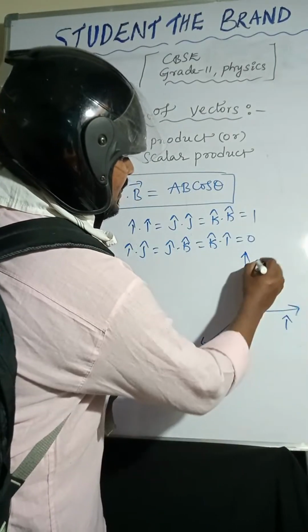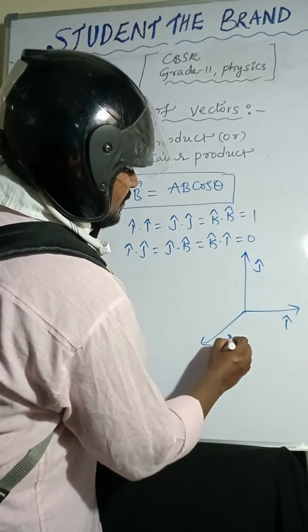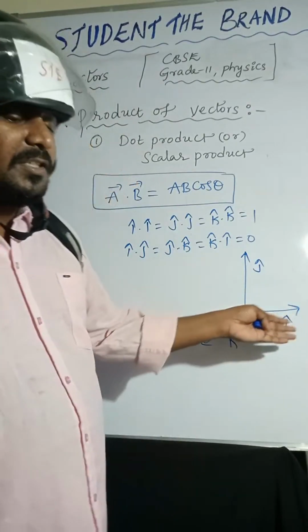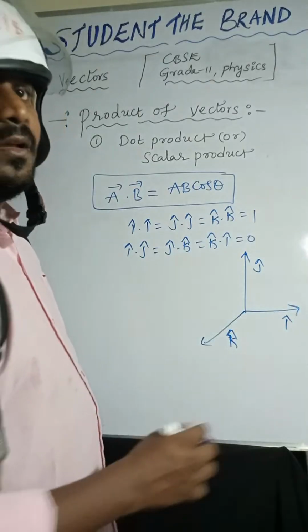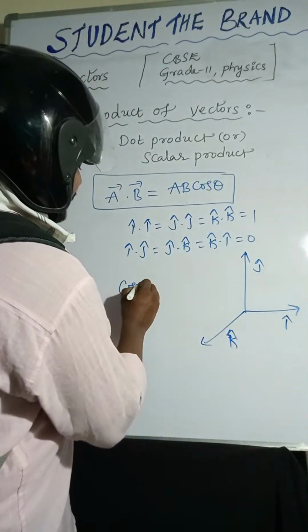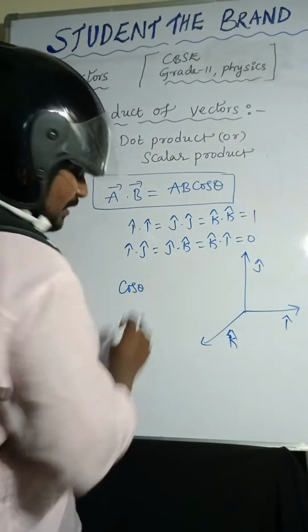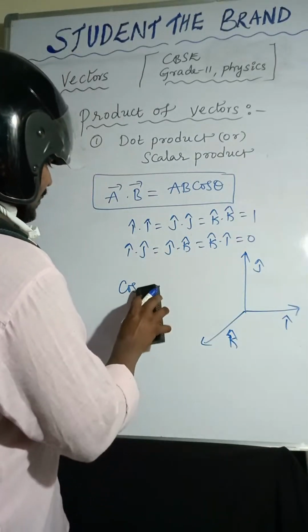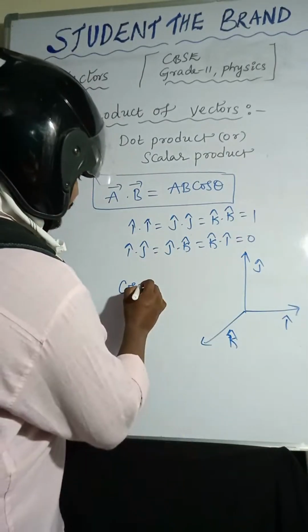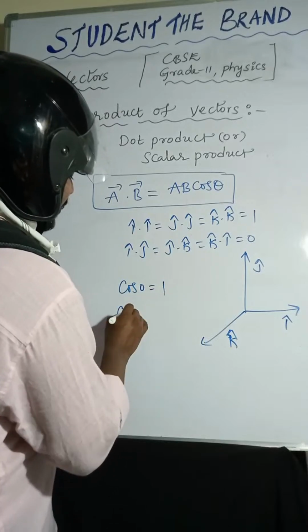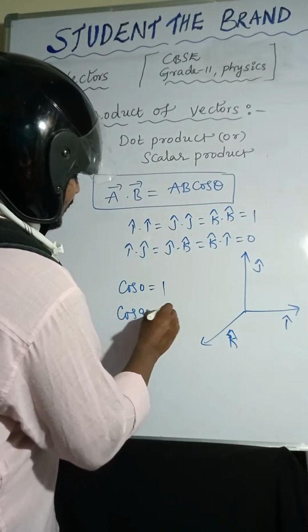Along the same direction, cos 0 is 1, and cos 90 is 0.